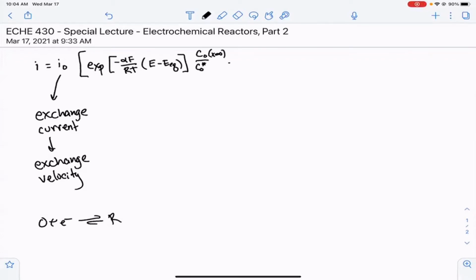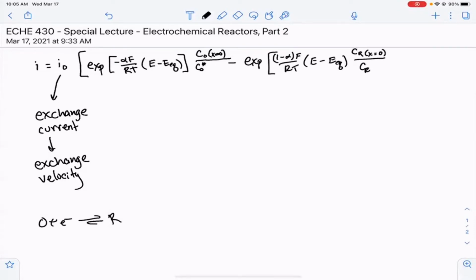And I didn't want to do a full derivation of this, minus the exponent of this thing, 1 minus alpha times F over RT times E minus E equilibrium times the concentration of R at the electrode surface over the bulk concentration of R. Okay, and here we have two sets of brackets. Okay, so this is basically the result of our expression for our electrochemical process. Okay, and it captures all of that behavior that we talked about a minute ago.